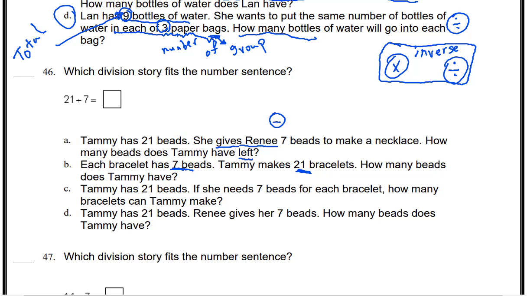How many beads does Timmy have? Maybe it's plus. I think it's plus. Okay. The question asks us about the number of beads does Timmy have. How many beads does Timmy have?